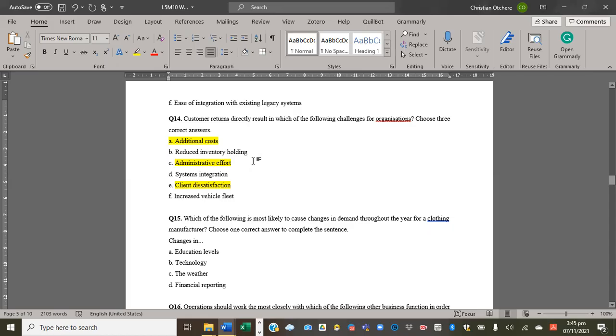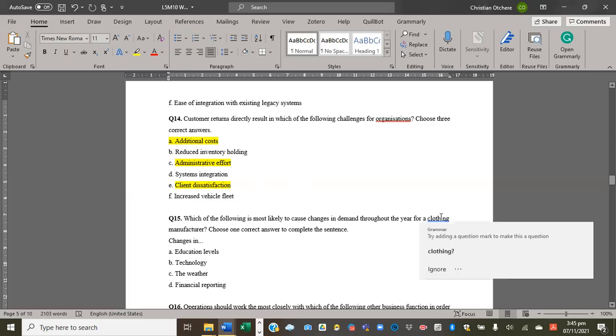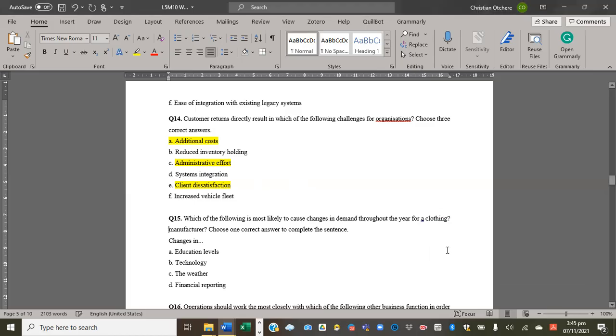It requires some people at that end to receive the goods that have been returned and take it through the appropriate procedure. So it requires an administrative effort ensuring that the goods get back to the manufacturer. Then clients would also be dissatisfied. Yes, that's the reason they may return the goods. Okay.